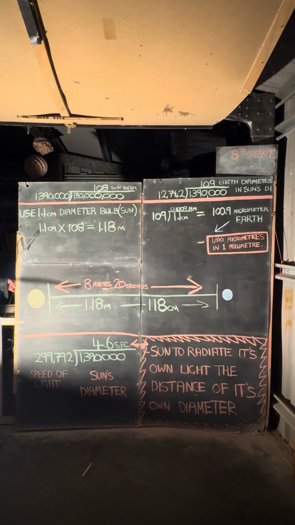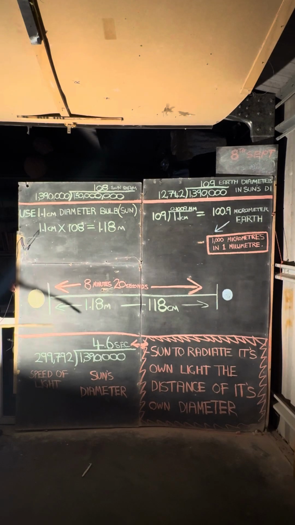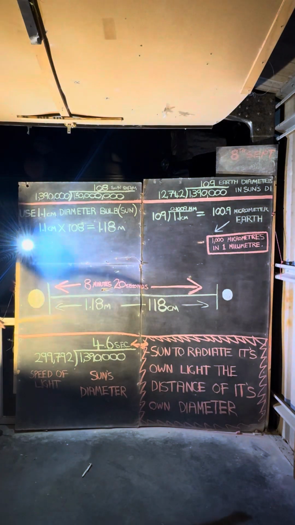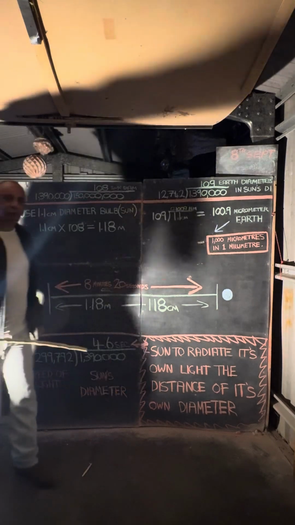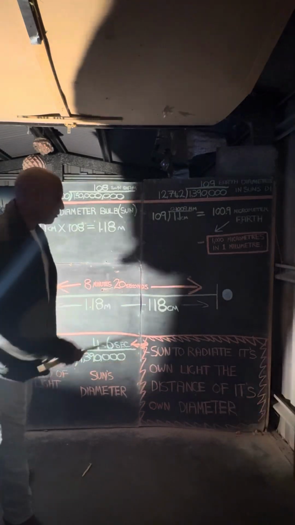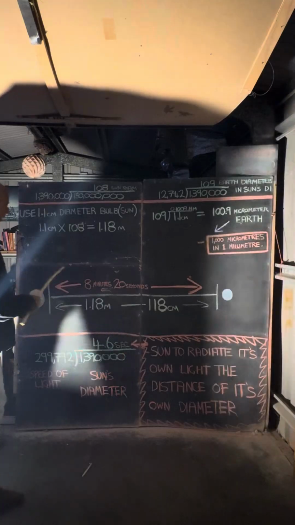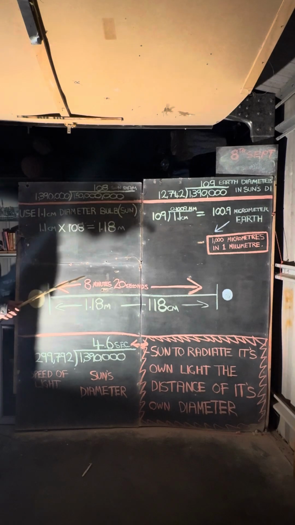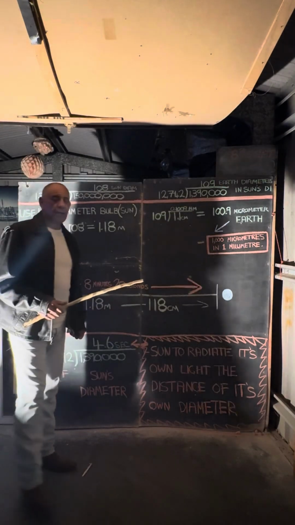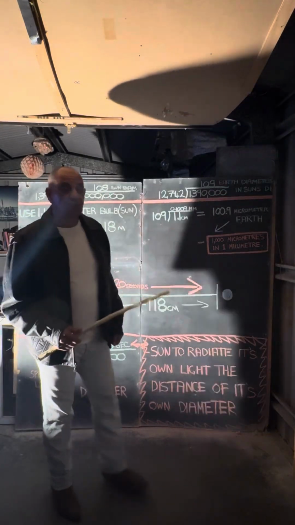But what you're being told is if this sun turned on, bang, you'd sit here for 8 minutes and 20 seconds watching the light crawl along, because this is perfectly to scale, right? This is perfectly to scale.